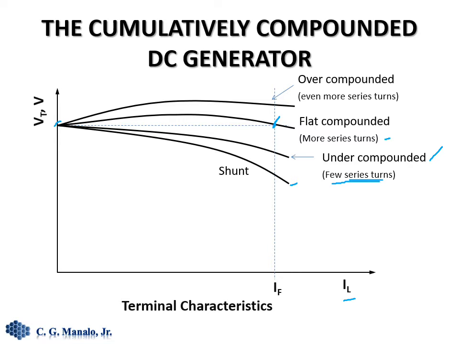In terms of voltage regulation, this is a very good configuration for the compound generator. And if we add even more series turns in the series field, we'll get what is called the overcompounded. This one will have a higher full load voltage than the no load voltage, and it is in this case that you will get a negative voltage regulation.